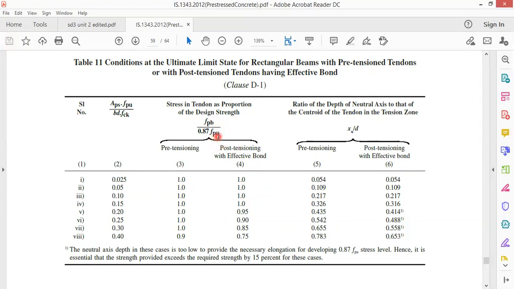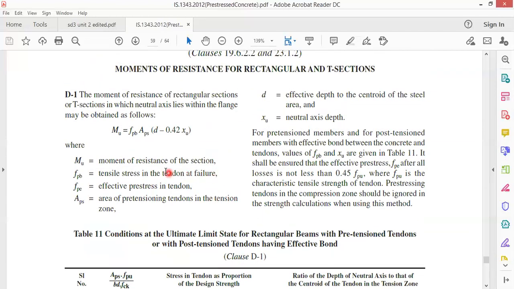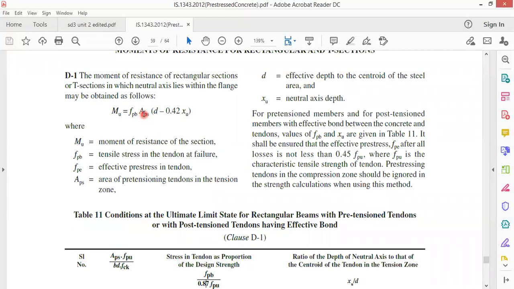FPB is equal to 1 into 0.87 into FPU. Let's say the FPU value is 1200 Newton per mm square. So putting the value 1200 into 0.87 into 1, I will get the value of FPB. Once I get the value of FPB, then I can substitute here, and I already know the value of APS.